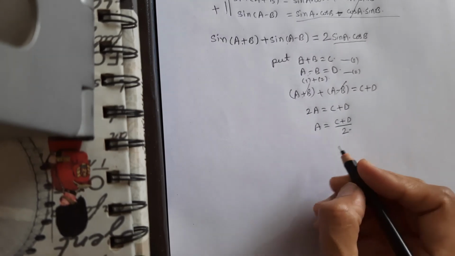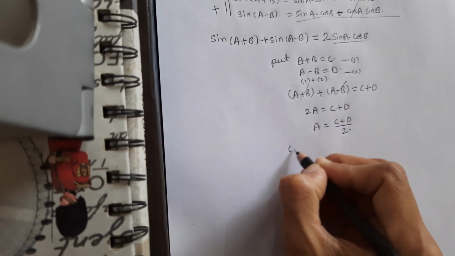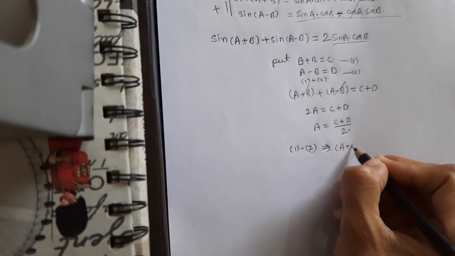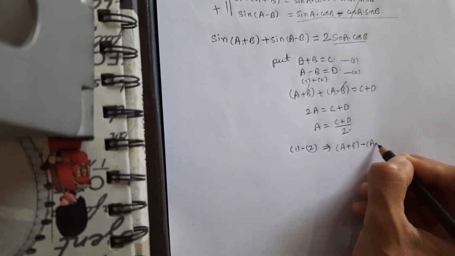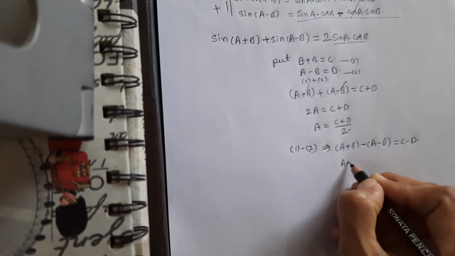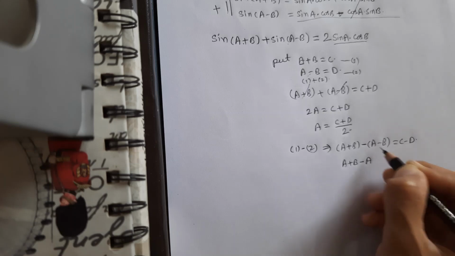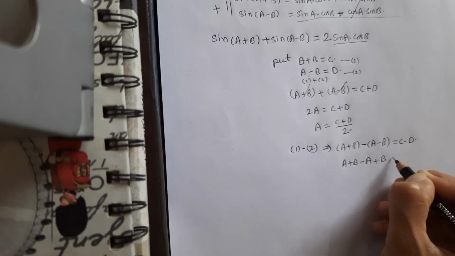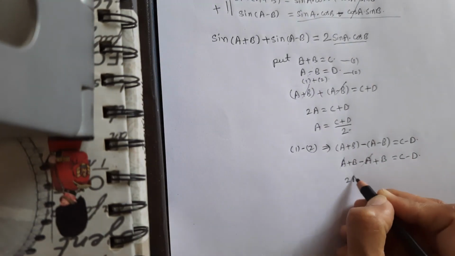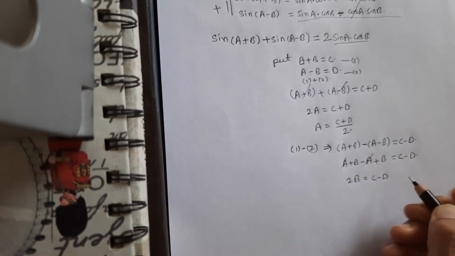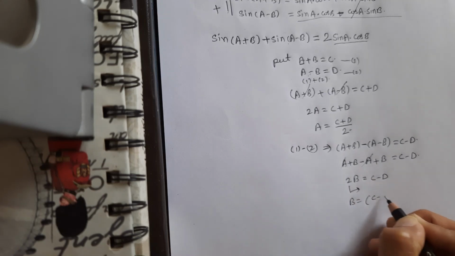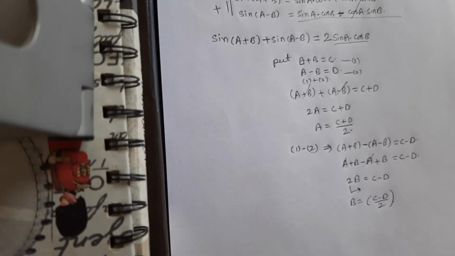Now if I subtract equation 2 from 1, what will I get? A plus B minus (A minus B) equal to C minus D. The As get cancelled, 2B equal to C minus D, so B equal to (C minus D) divided by 2.